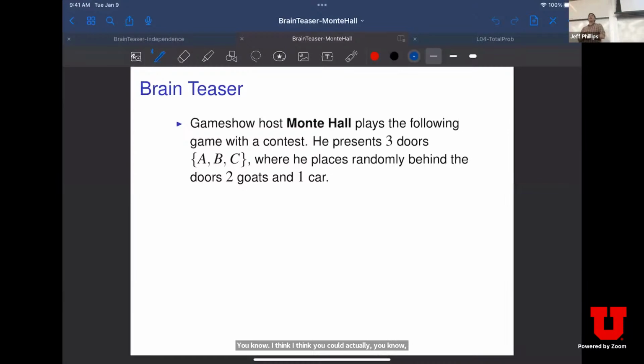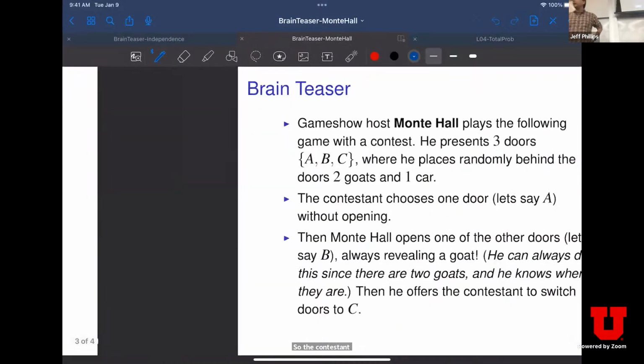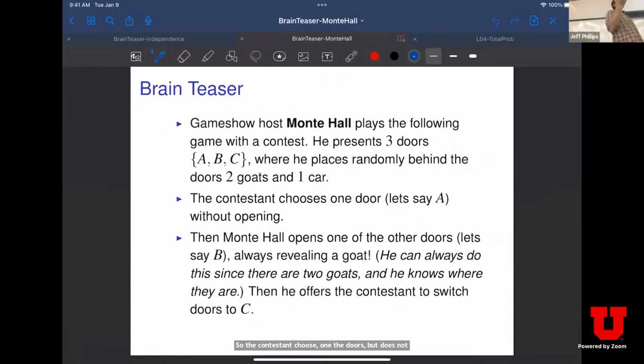They wanted the car, right? So your goal is to try and get the car, and you don't know where it is. So you choose one of the doors, A, B, or C. The contestant chooses one of the doors but does not open the door yet. Then Monty Hall, he would know where the car was.